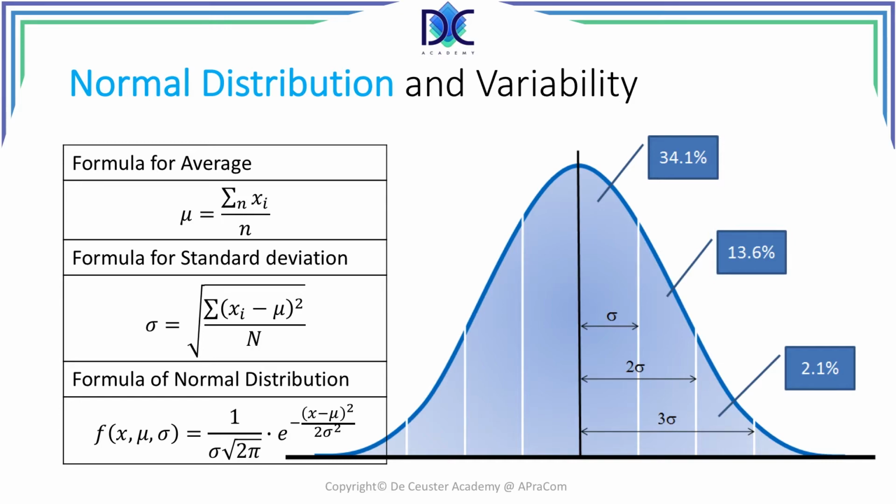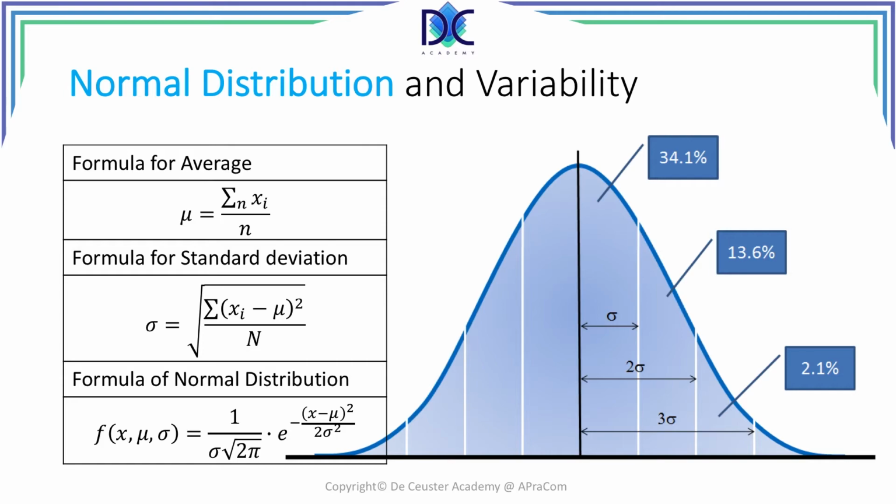So the little part to the right, where the values are larger than the average plus 3 sigma, is the remainder part of the 50%. We can also say that the surface between the average minus sigma, that's the first white line to the left-hand side, and the average, that surface is also equal to 34.1%.